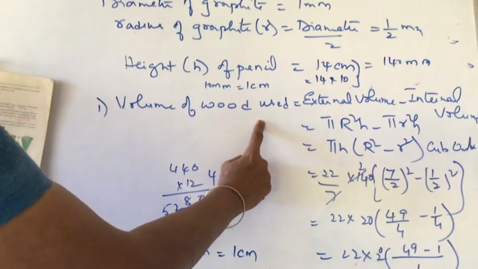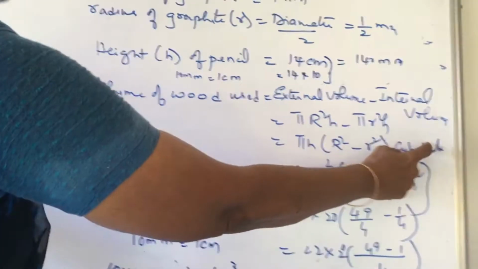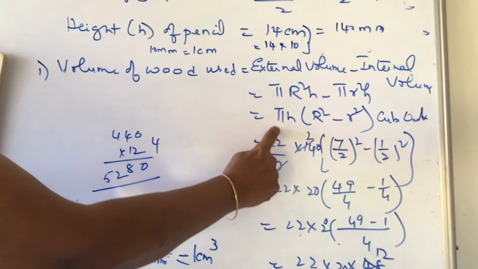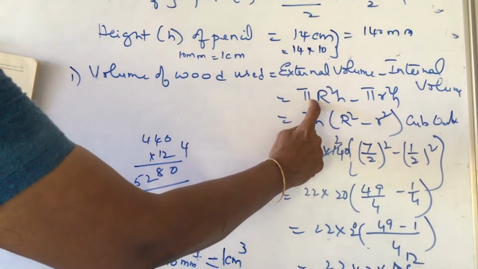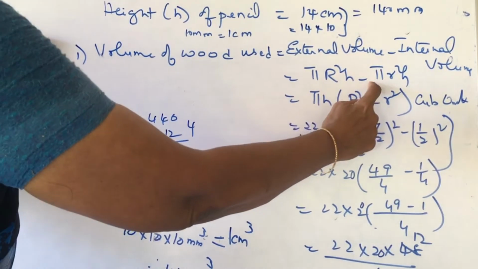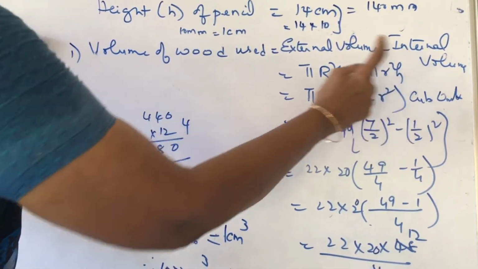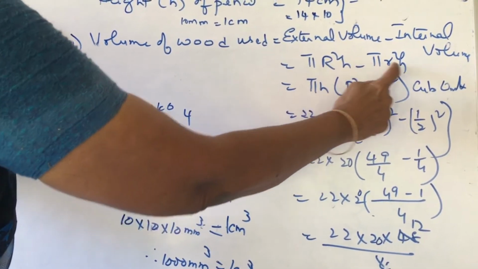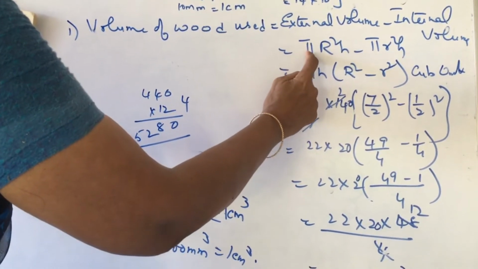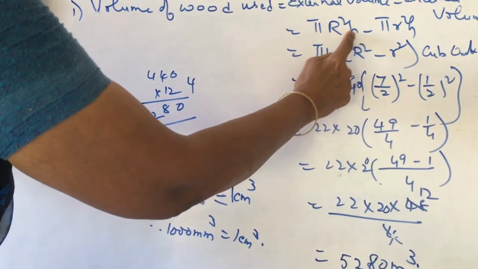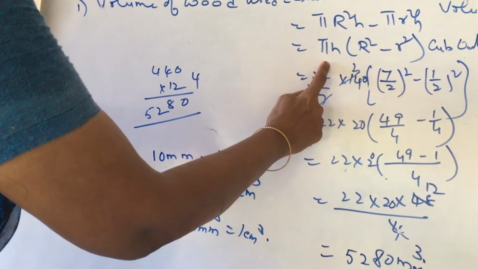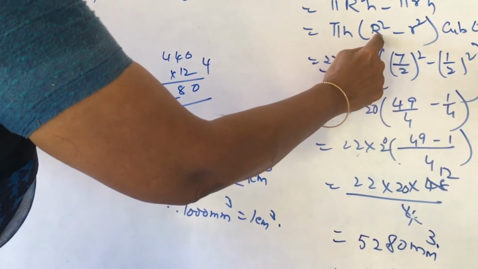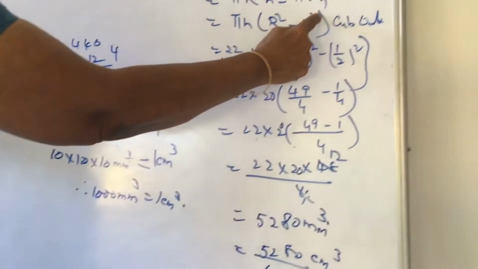Volume of wood used is external volume minus internal volume: pi capital R square h minus pi small r square h. Can you see the term common in both, children? Pi h is common, so pi h into capital R square minus small r square.